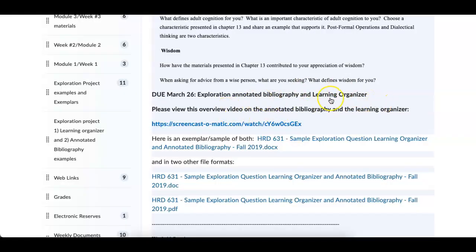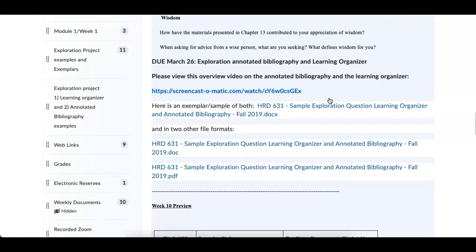So here's where I have some materials for everybody. First of all, there's an overview of the annotated bibliography and learning organizer. Just what is it? What does it look like? Over here, we have materials on the exploration projects, examples, learning organizer, annotated bib.